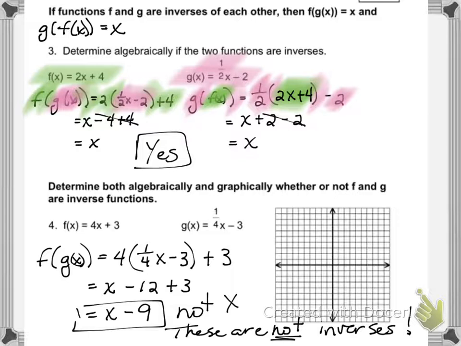And once you end up with not getting x the first time, there's no point in checking it again, because I know if they don't both turn out to be x, that they're not inverses. So that one we could do with just one check.